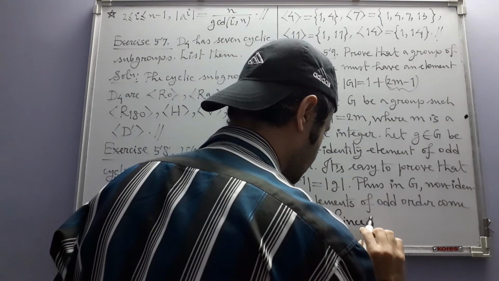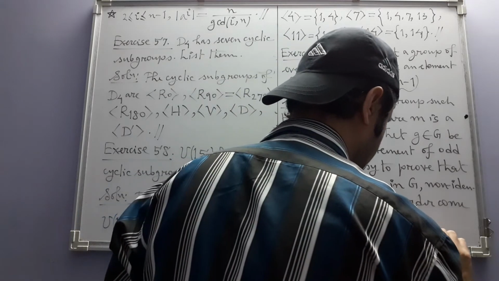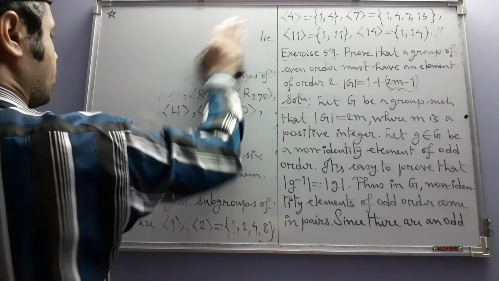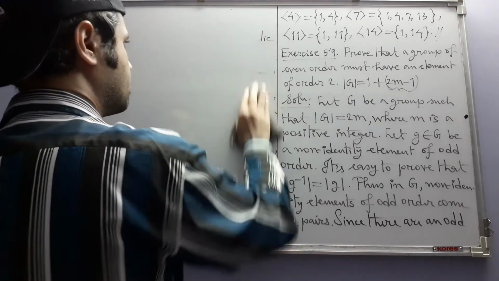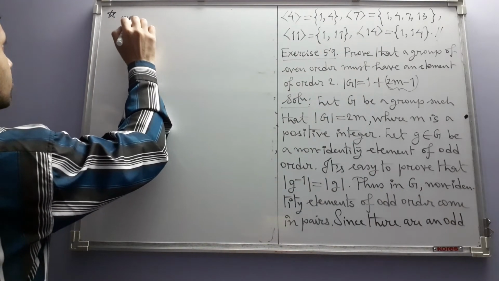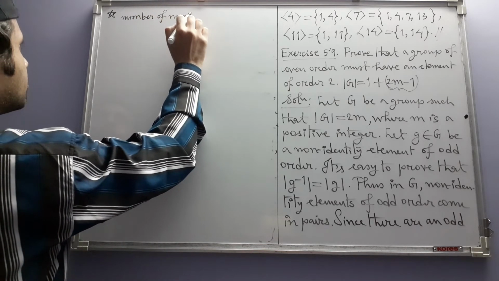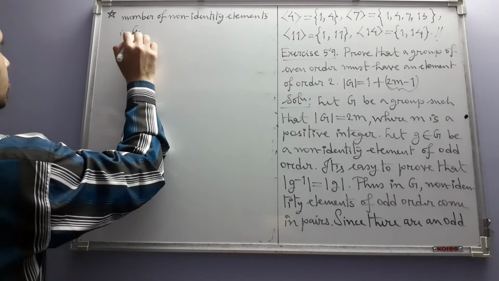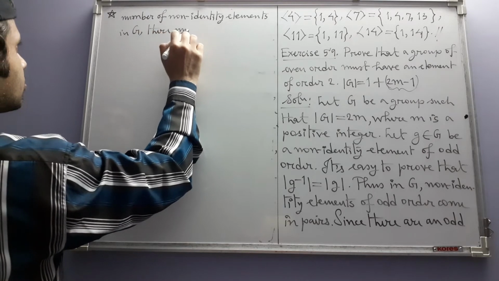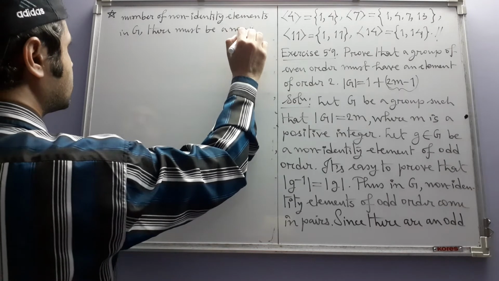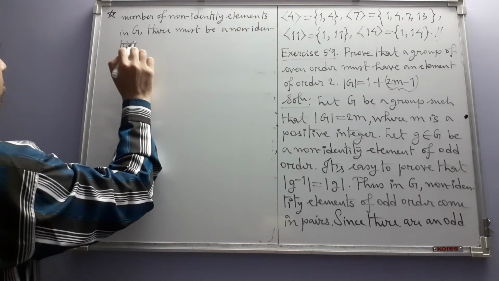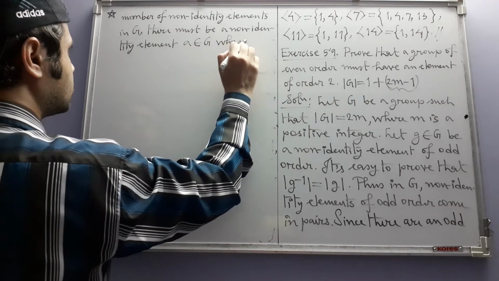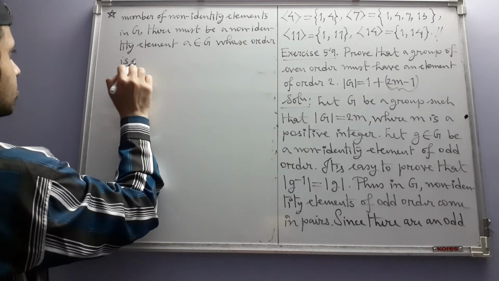Since there are an odd number of non-identity elements in G, there must be a non-identity element A in G whose order is even.